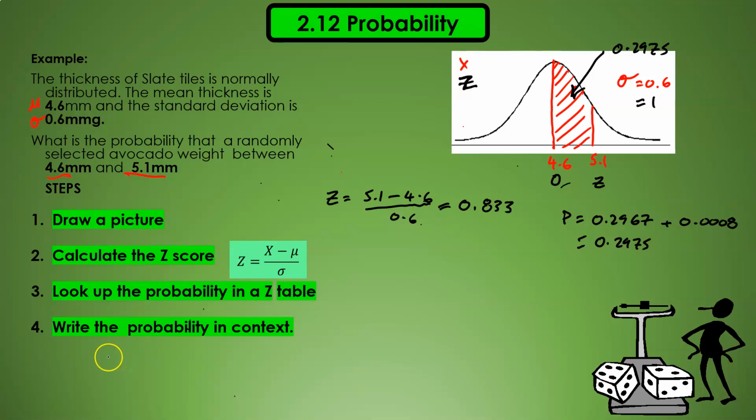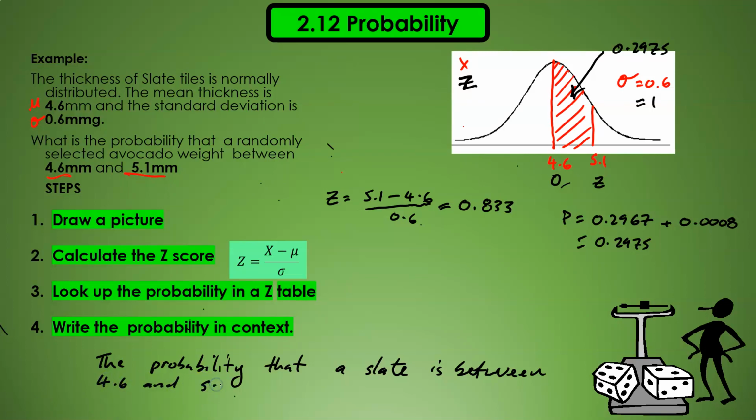So it means the probability that a slate is between 4.6 and 5.1 millimeters in thickness is 0.2975.